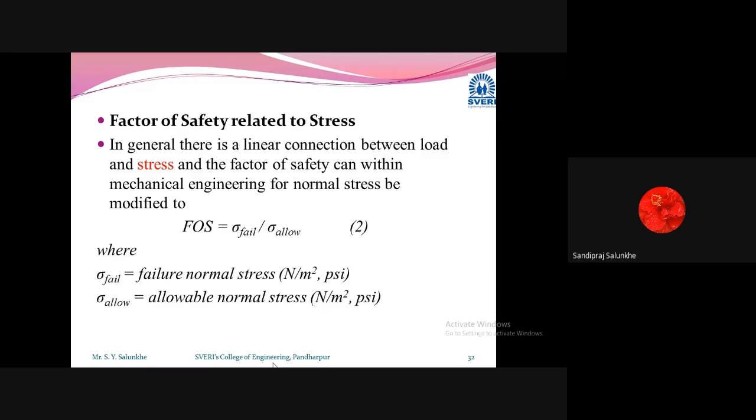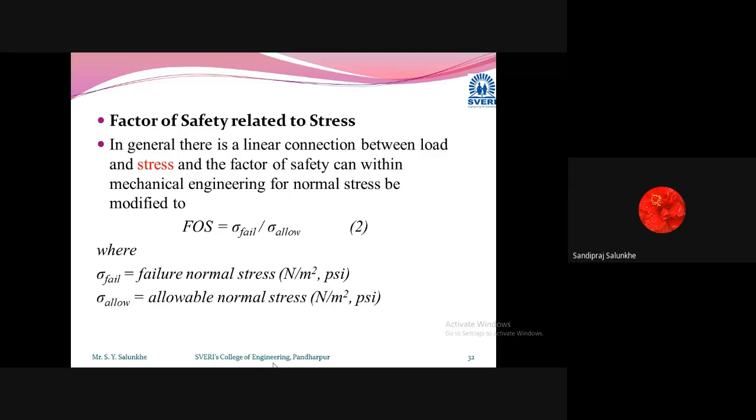So we are talking about this plane stress, that is tensile or compressive. When we are calculating this factor of safety related to the stress, because force divided by area gives us stress, as we have already seen the value of factor of safety in terms of force, we are just going to convert it mathematically in terms of stress.